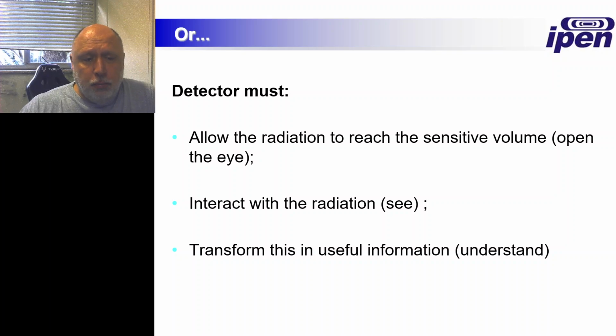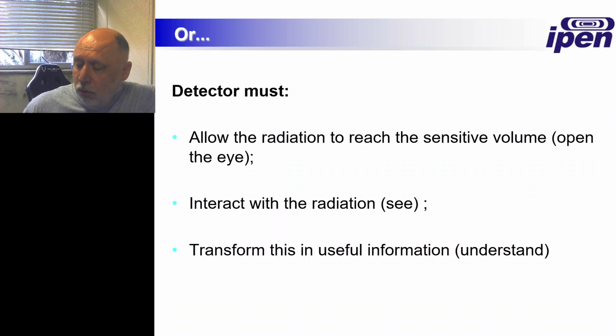Then, last but not least, you have to transform this into useful information, because we all know that radiation is bad for our bodies, right? It means radiation reaches the sensitive volume, meaning us, and the body interacts with the radiation. But we do not transform that into useful information. So we don't see radiation.